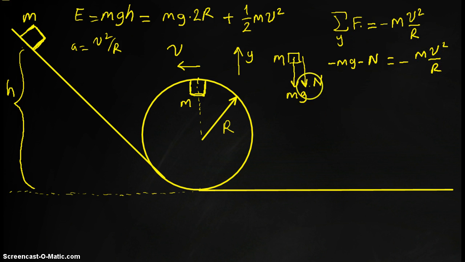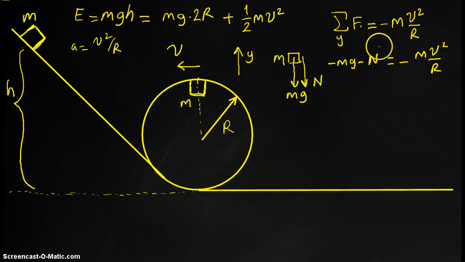So the minimum requirement that this object won't leave the track is that this normal force is equal to 0. The normal force equal to 0 or larger than 0 is the condition for the object of mass m to continue its motion without leaving the track, or without falling in the air.